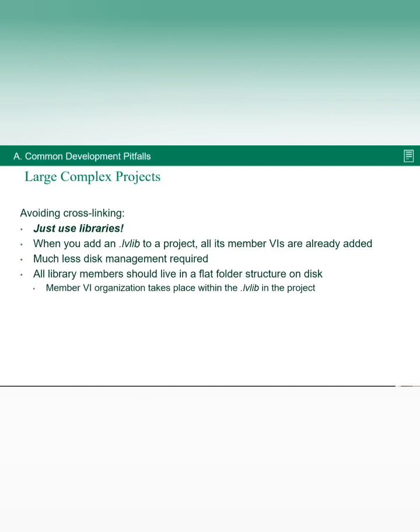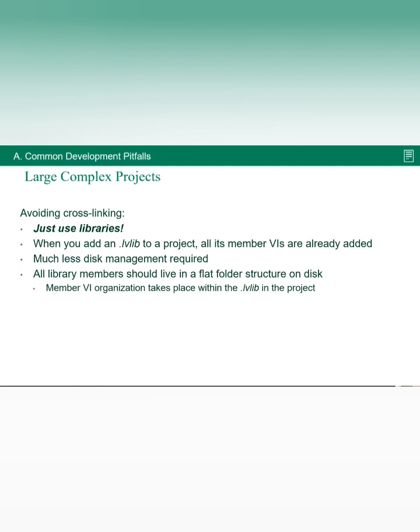Also, a word of advice, if you're using libraries, and this applies to classes too, in my opinion, which are a type of library, all of the organization for the library should take place in the project. Don't spend a bunch of time on disk, in the folder of your library, making a public subfolder and a private subfolder and a typedef subfolder.